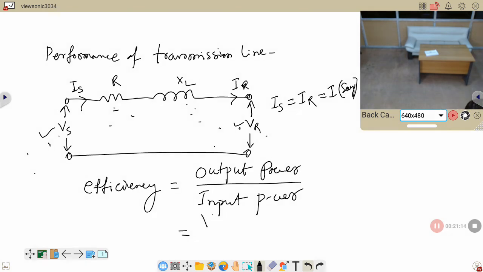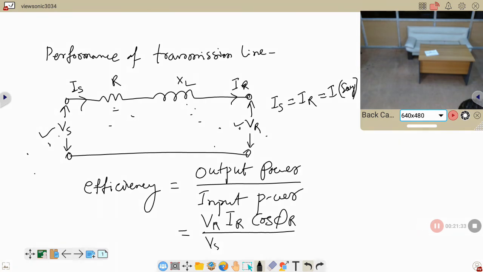If VR is the receiving end voltage, IR is the receiving end current, cos phi R is the receiving end power factor, to the input power.